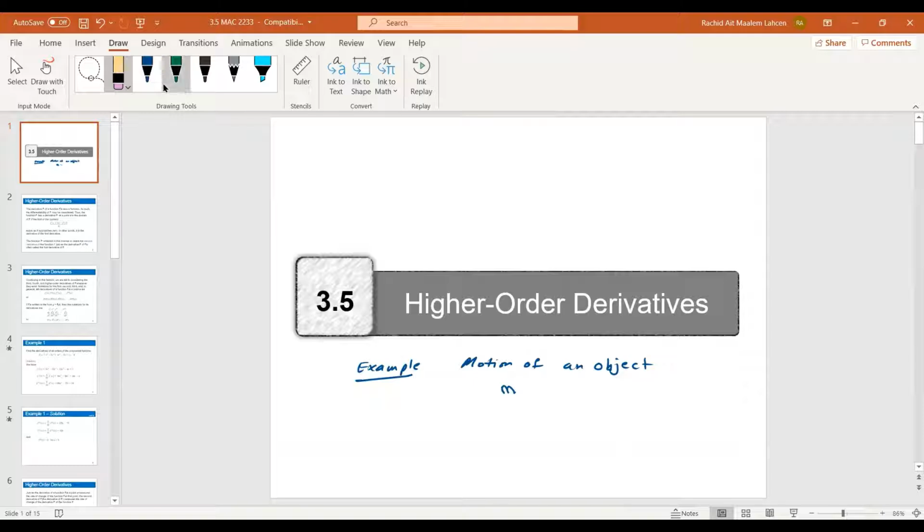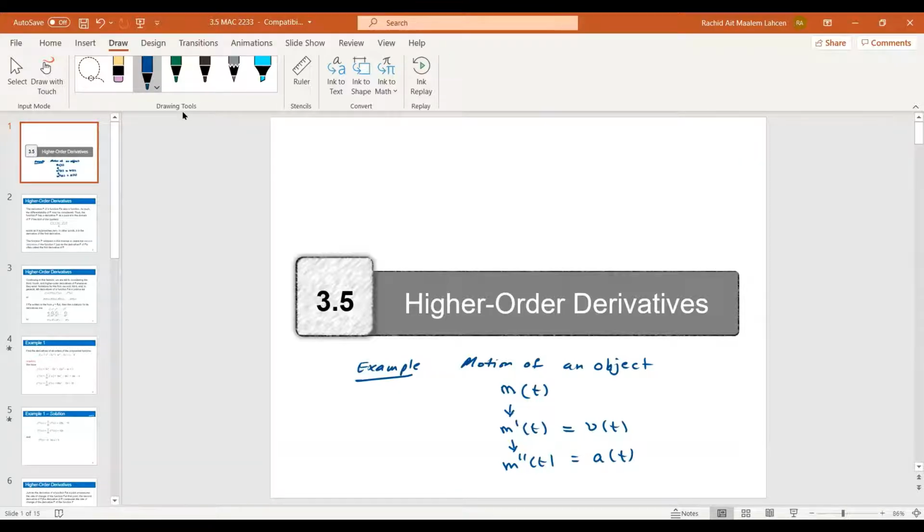We can just call it m of t. When you take the first derivative, you get the velocity of that object. When you take the second derivative, you get the acceleration of that object.